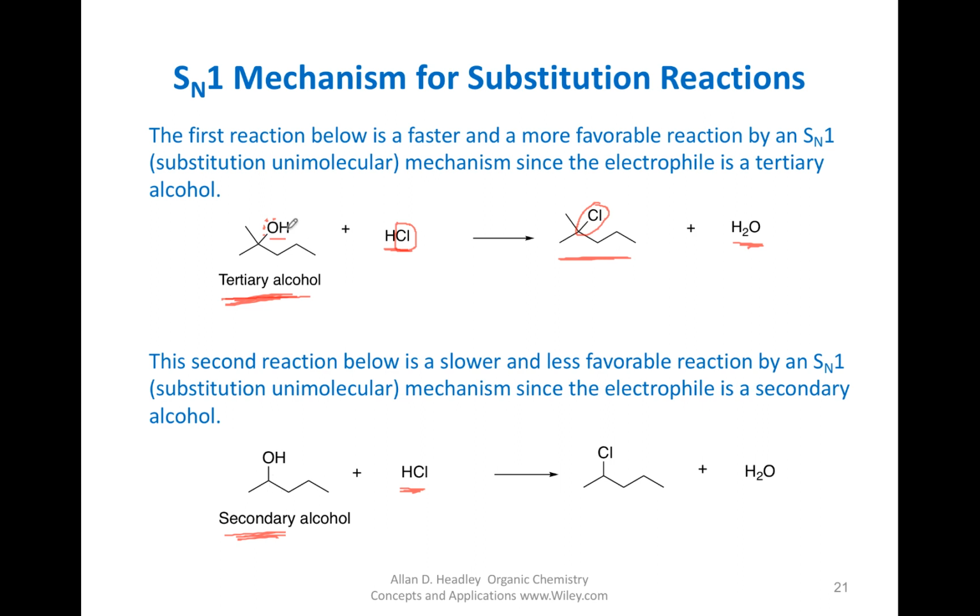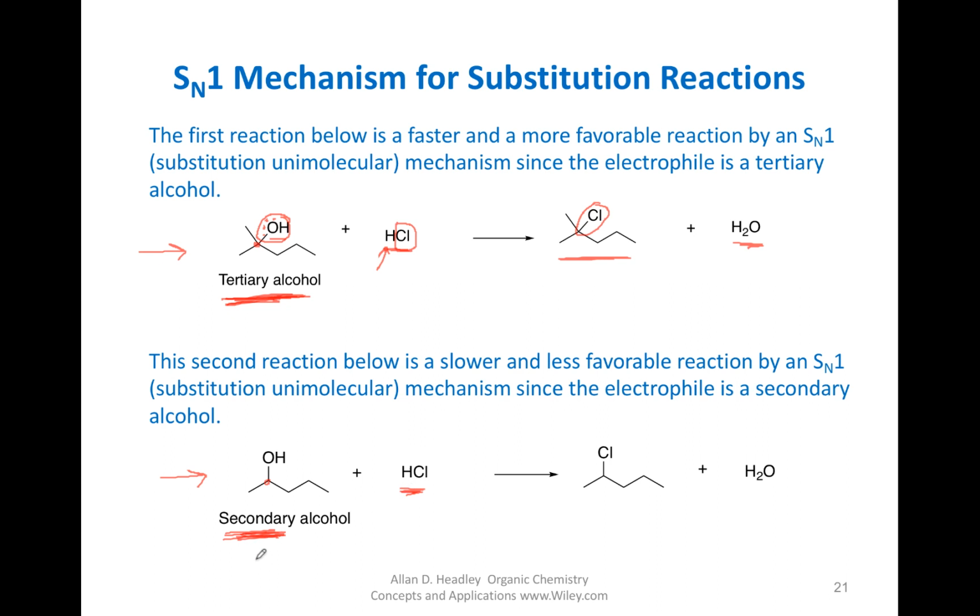But in this case, we would form a tertiary carbocation, and here we would form a secondary carbocation in the RDS. So we would expect that this reaction here is more favorable than this reaction here, which involves a secondary alcohol, which again reinforces that a tertiary electrophile, even though it's a very poor leaving group, but in the presence of an acid, is more reactive than a secondary alcohol in the presence of an acid.